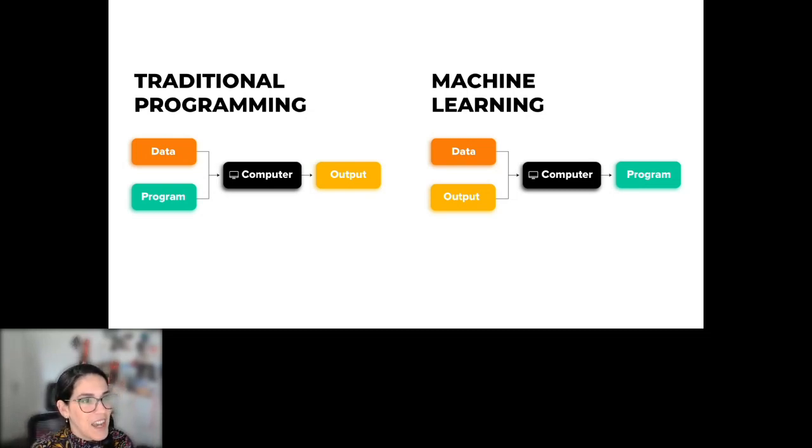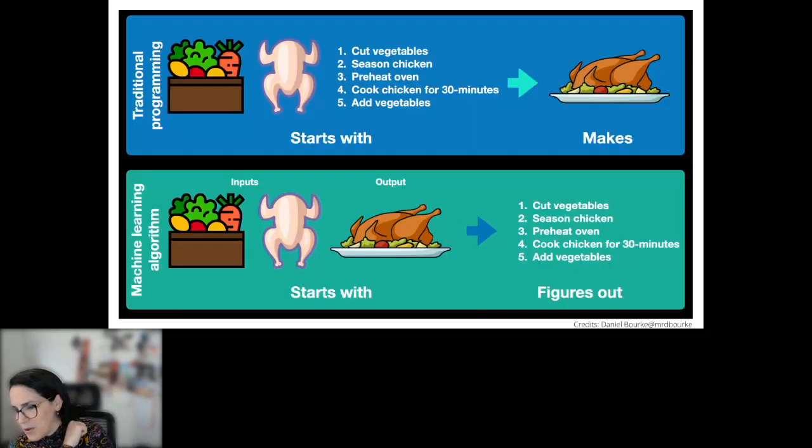And I found this really fun example. Let's have a look at this. The credits are for Daniel Burke, and you can find him on Twitter as Mr. D. Burke. So what do we do with traditional programming? We have the ingredients, which can be the data.